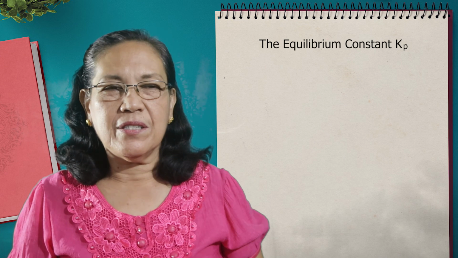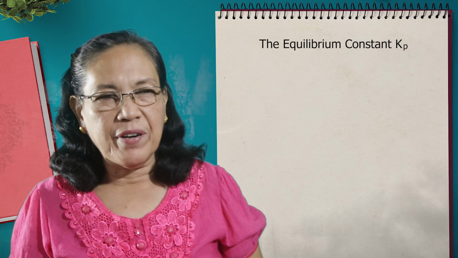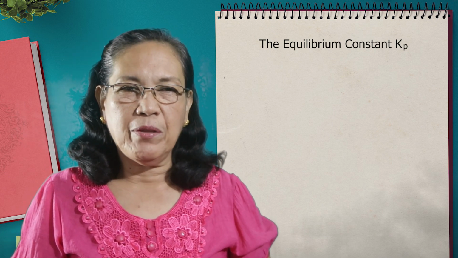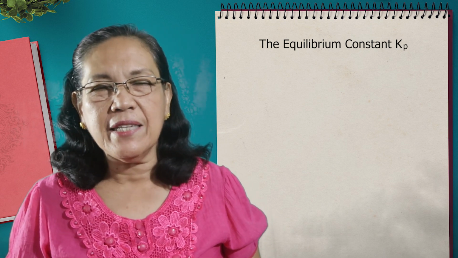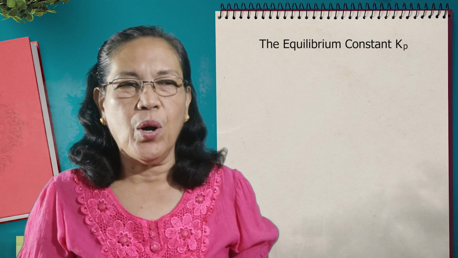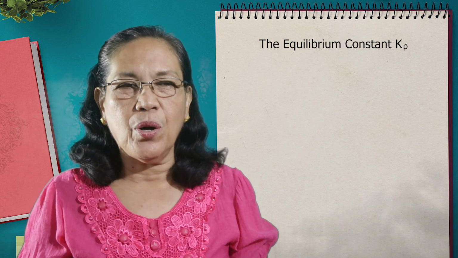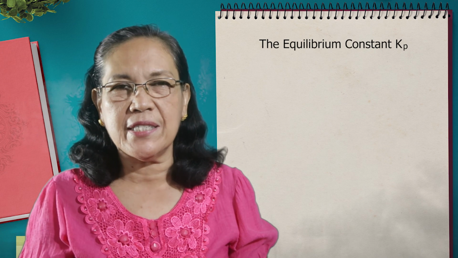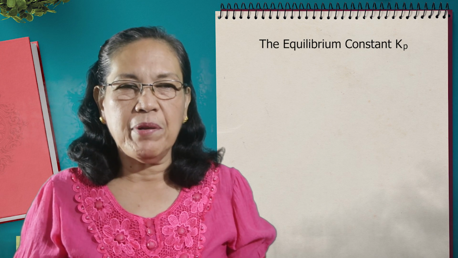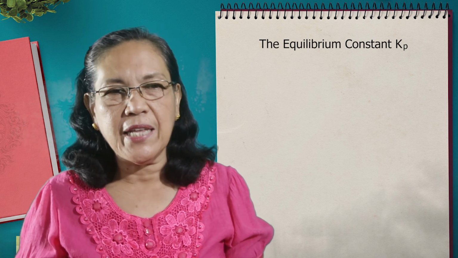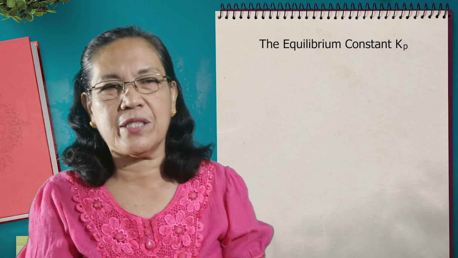So notice, if you look at your notes, the final equation for the equilibrium constant governing that reaction between W and X forming Y and Z is K sub P equals the partial pressure of Y raised to the exponent y times the partial pressure of Z raised to the exponent z, all over the partial pressure of W raised to the exponent w times the partial pressure of X raised to the exponent x.